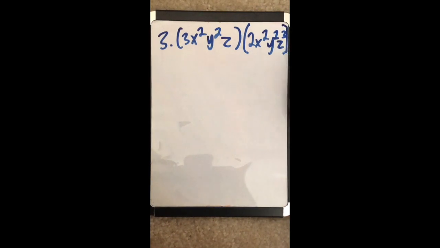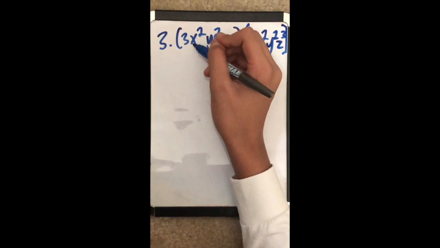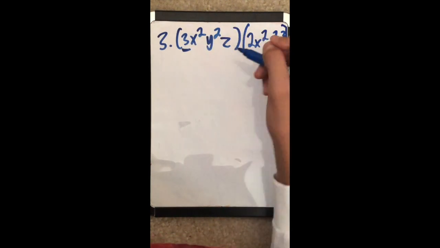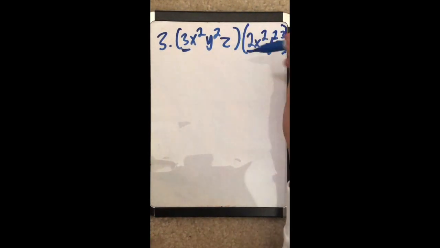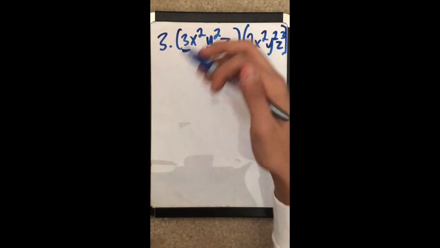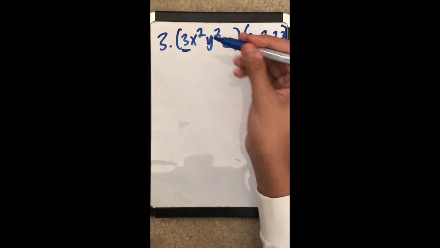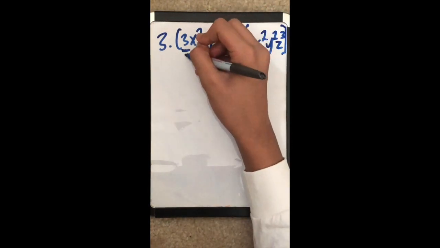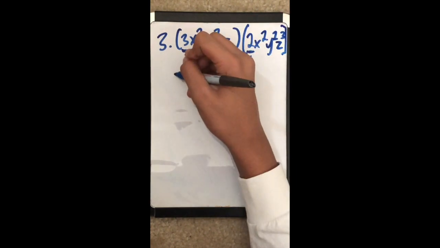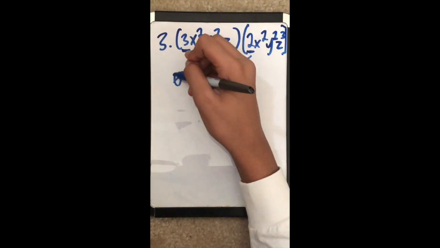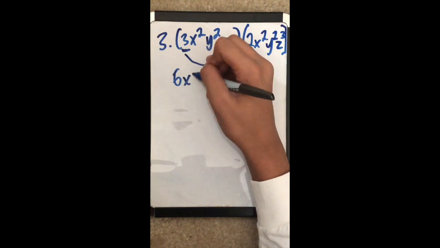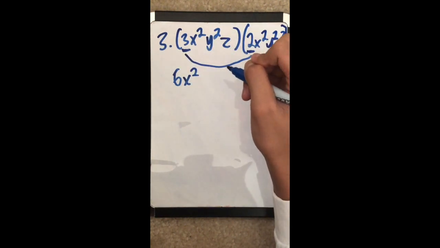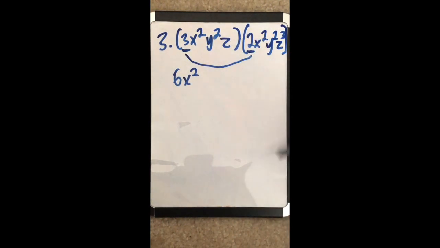That question does look pretty big, but it's almost as simple as all the other ones, except unlike the other questions, there's actually a coefficient in front of both terms. So we have to actually multiply this time. We have 6, because 3 times 2 is 6, and we have x squared. But one thing I like to do first is the adding.